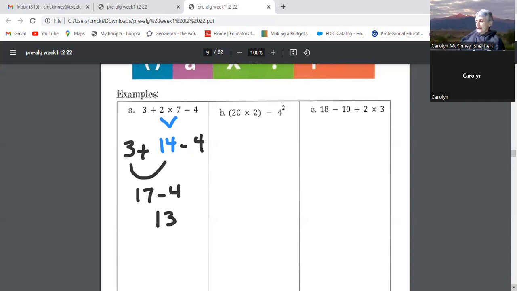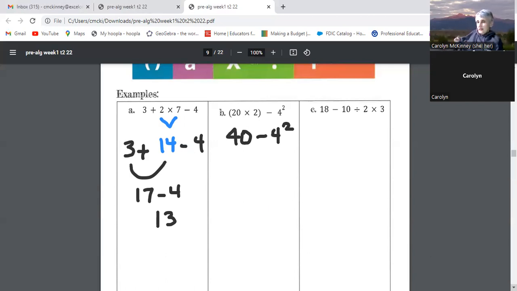So in B, we're going to do what's in our parentheses first. They kind of scream at us. 20 times 2 is 40. And then the next thing we're going to do is do that exponent. I could have gone ahead and done 4 to the second power, 4 squared, because it doesn't affect the 40.